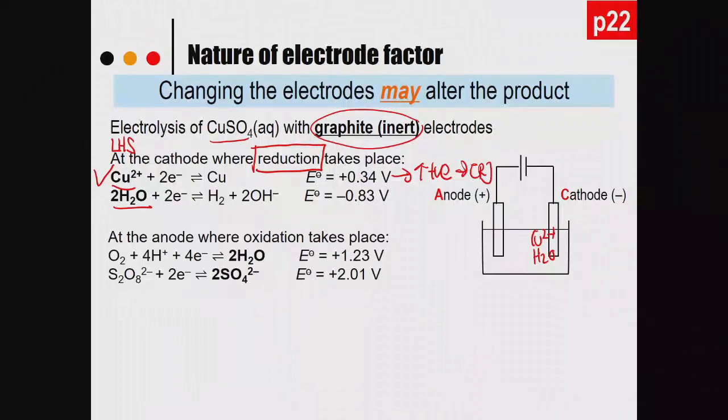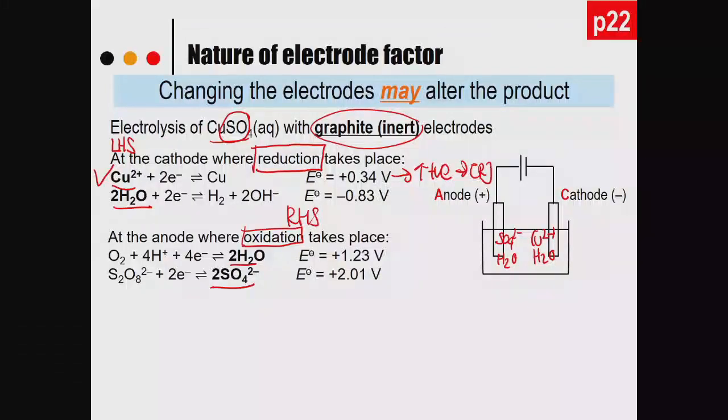At the anode, anions will be attracted. What are the anions? Copper sulfate, so I have SO42-. Water can also be attracted at the anode. The anode is the electrode where oxidation occurs. So when you find the half equation, you must find the half equation where the two species are on the right hand side. That is when they undergo oxidation.